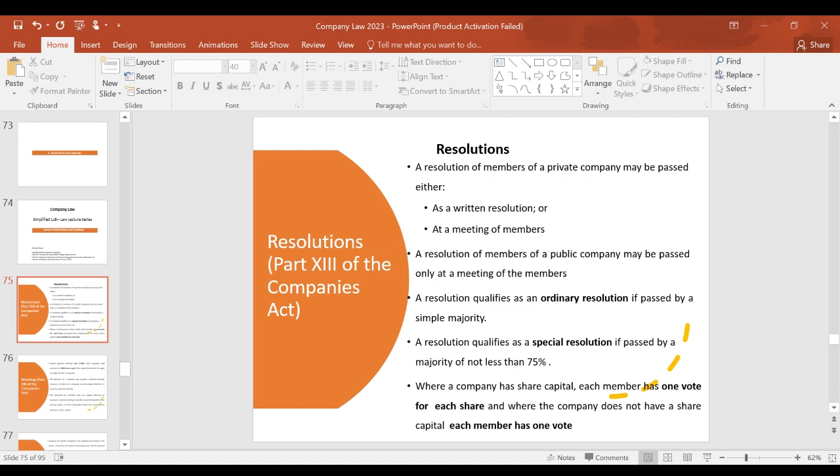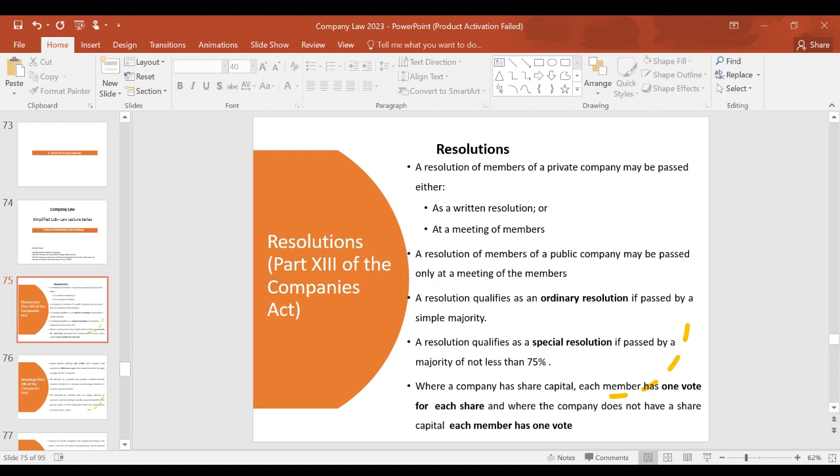So resolutions are either ordinary resolutions, which means that a resolution has been passed by a simple majority. So if it's 50 plus 1 vote, then we can say that that's an ordinary resolution. And if it passes, then it has certain meanings.